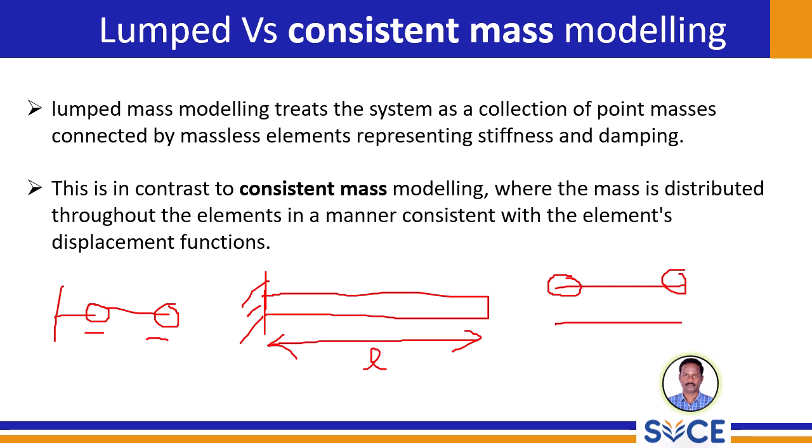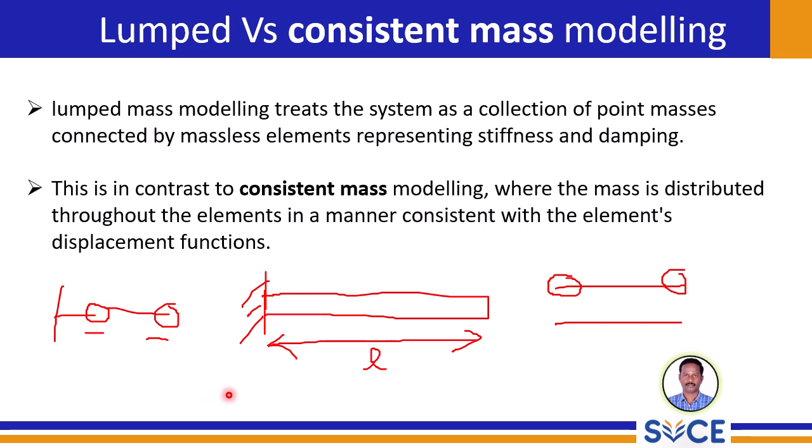When applying Rayleigh's method, the choice between lumped mass and consistent mass modeling can influence the accuracy of our natural frequency estimation. Lumped mass is simpler to implement and computationally less expensive, especially for larger systems. It often provides reasonably accurate results for fundamental frequencies.